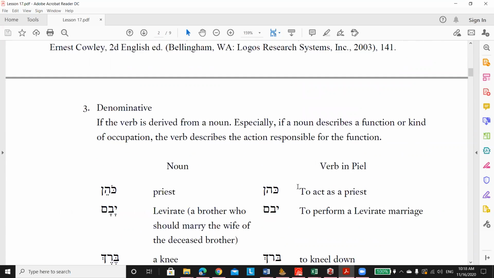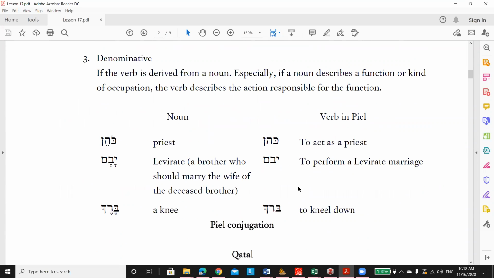And one more meaning, there are some more, but I just wanted to explain several of them. The most common is denominative. Denominative occurs in Piel mostly when the verb is derived from a noun.